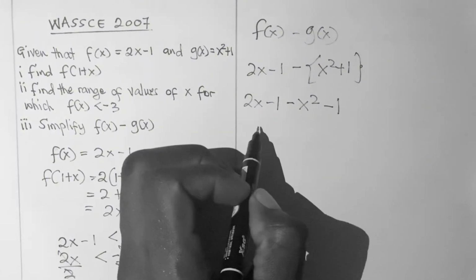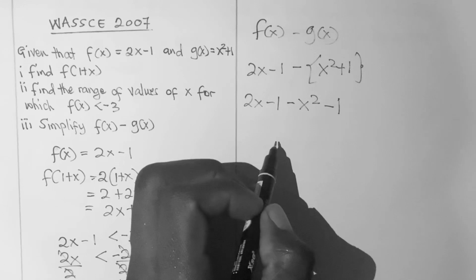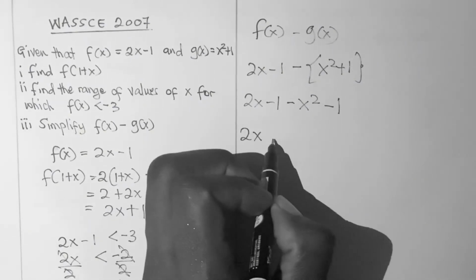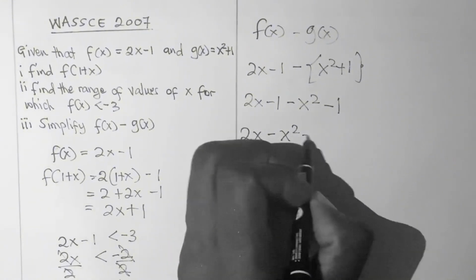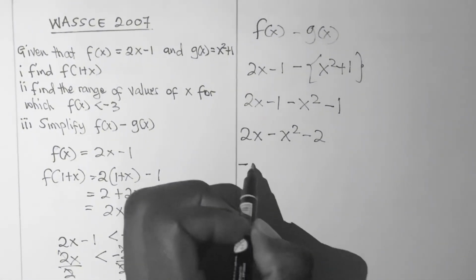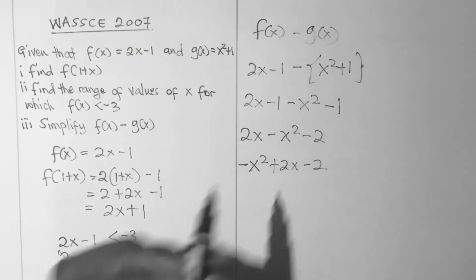Now minus 1 and minus 1 will give us minus 2. So this becomes 2x minus x squared minus 2. So let's rearrange. This becomes minus x squared plus 2x minus 2.